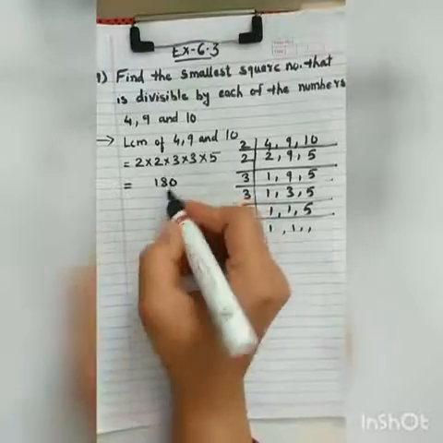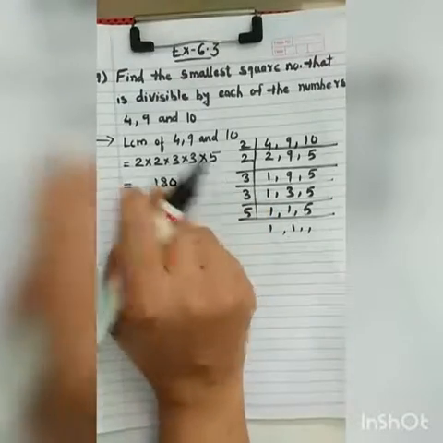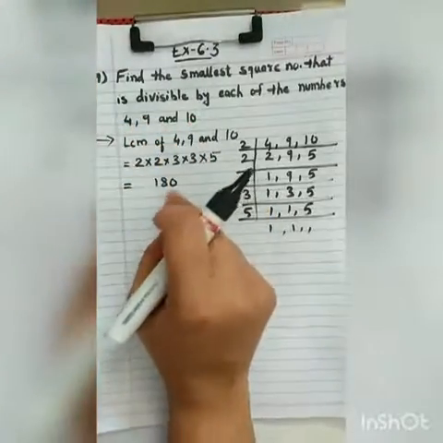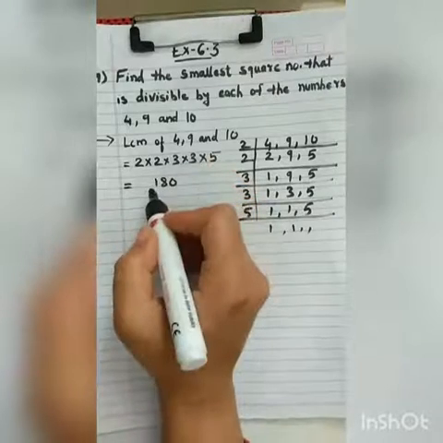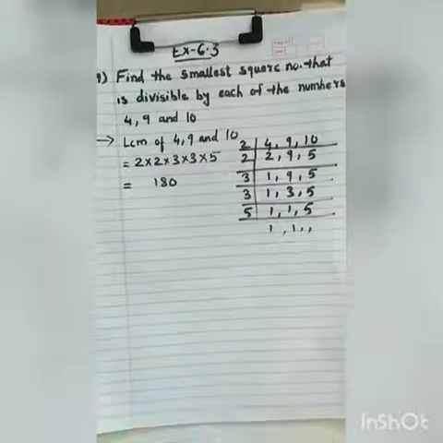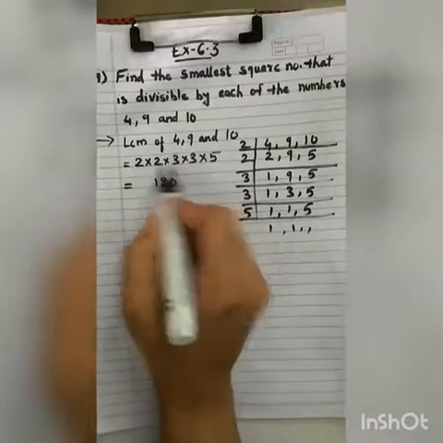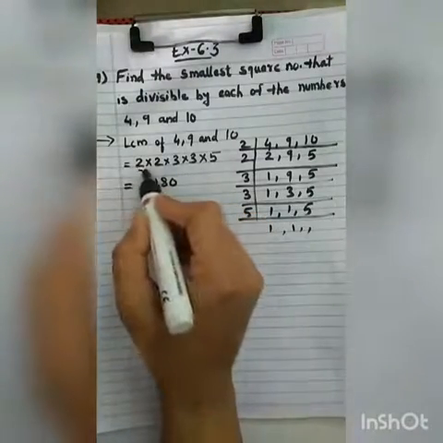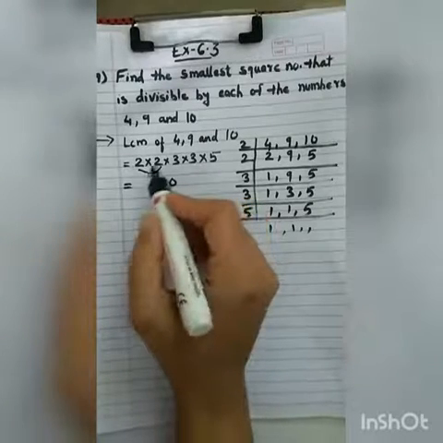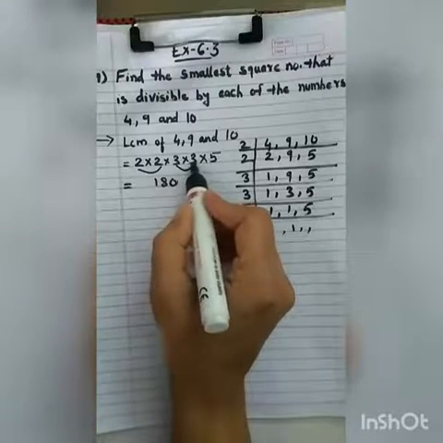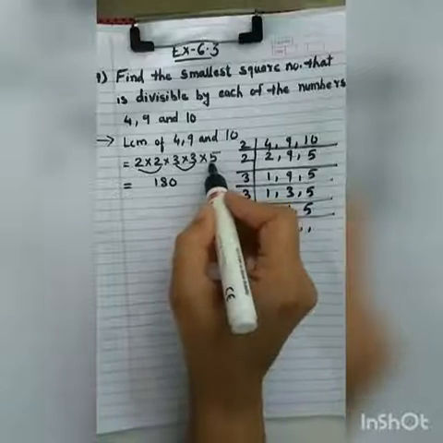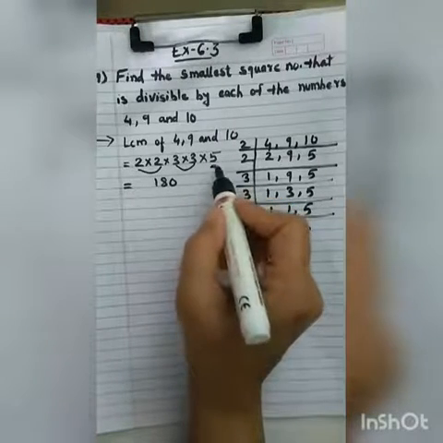180 is not a perfect square number divisible by 4, 9 and 10. Why? Because as you can see in the prime factorization, this 2 forms a pair, this 3 forms a pair, but this 5 doesn't form a pair.